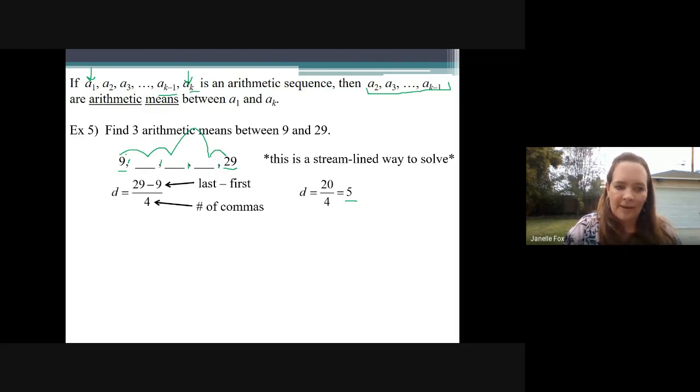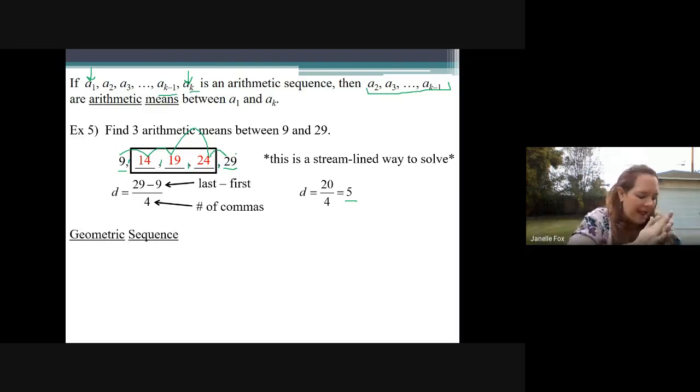So you go back to your 9 and keep adding 5 until you get to the 29. 9 plus 5 is 14, add 5 is 19, add 5 is 24, and as a double check, add 5 to that and it's 29. Easy. So the answers to this question are 14, 19, and 24.